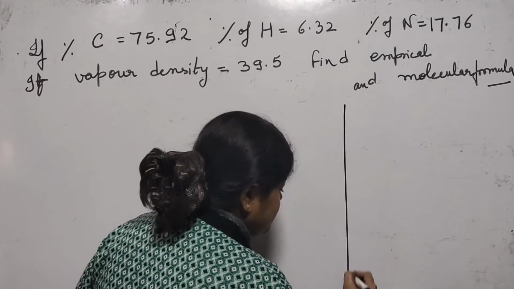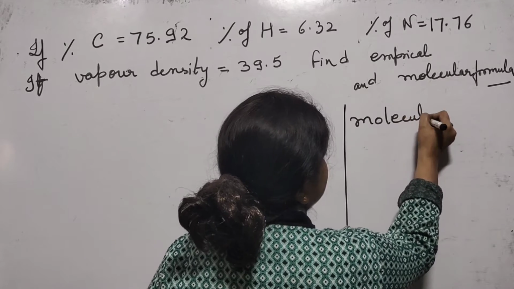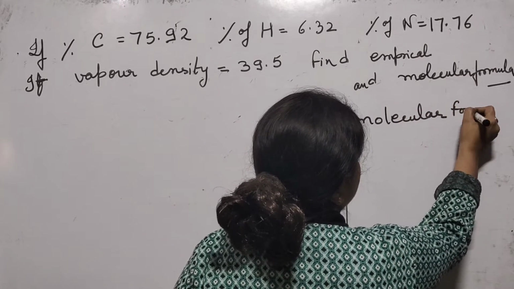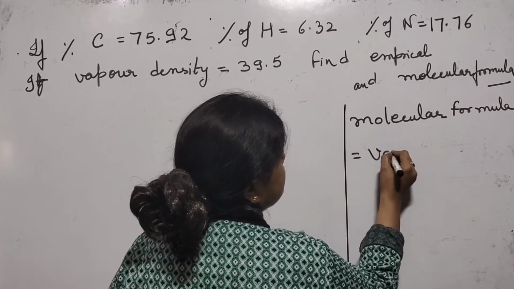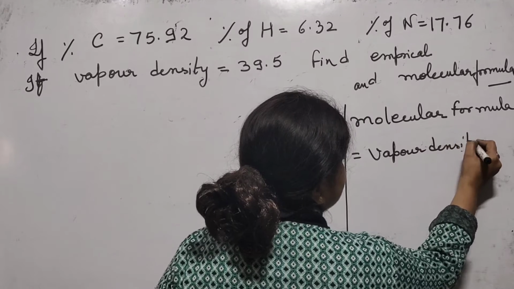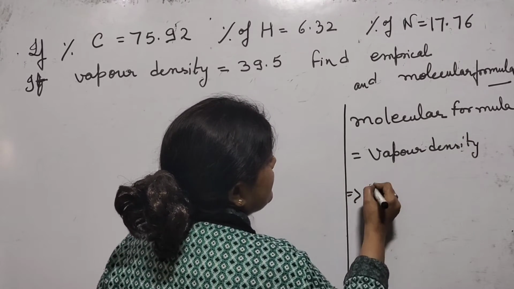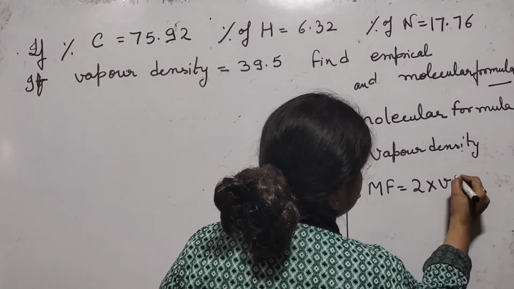Now what is the relationship between molecular weight and vapor density? Just learn: molecular weight is equal to 2 into vapor density.